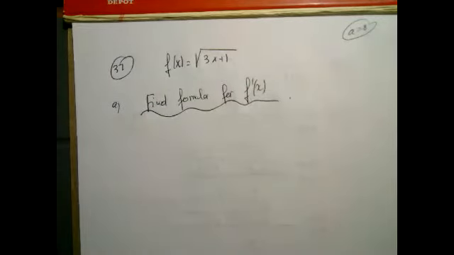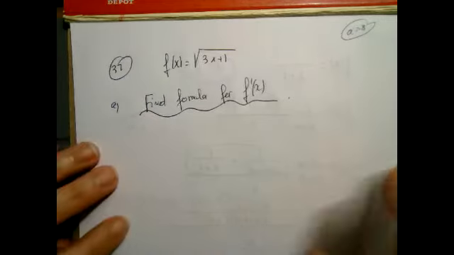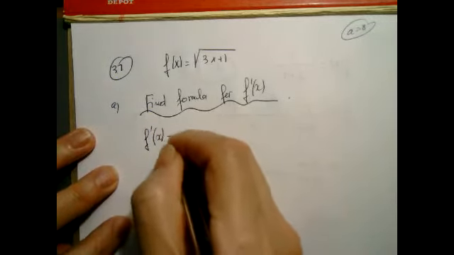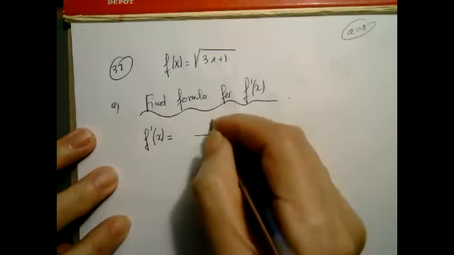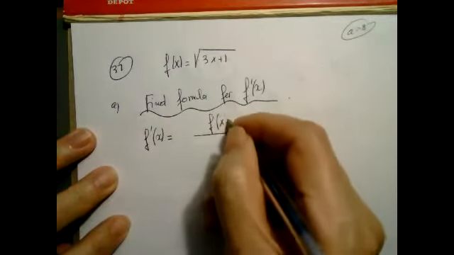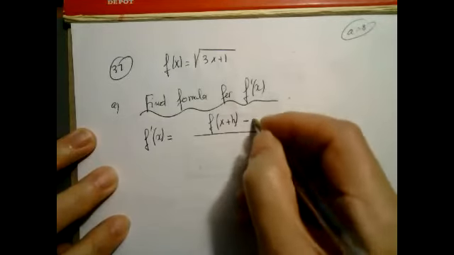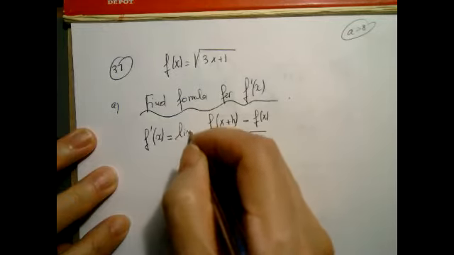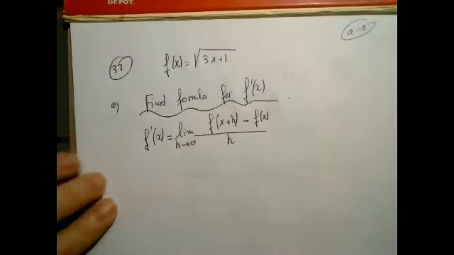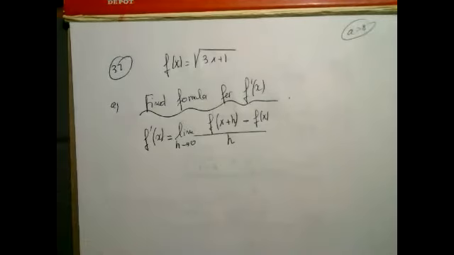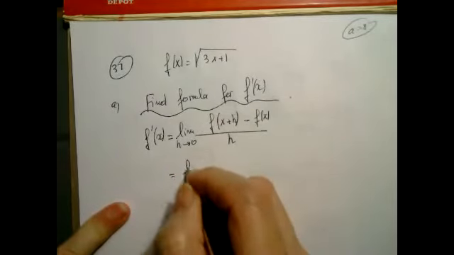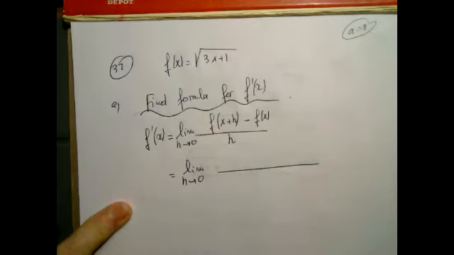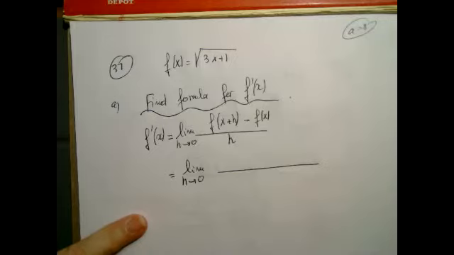Again, it's the same process. What matters for me is that you guys can set it up. So what is f prime of x? It's f of x plus a little bit, minus f of x, over h, and then we let h go to 0. Now help me out with the setting. That's the limit as h goes to 0 of what's f of x plus h?